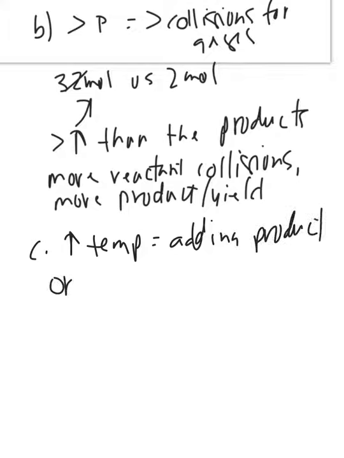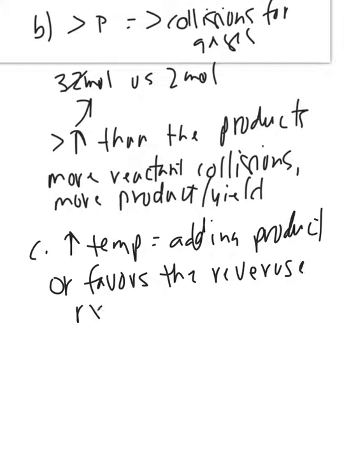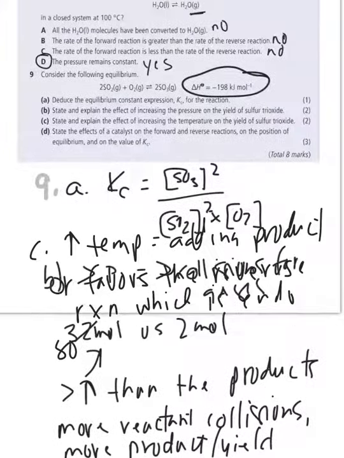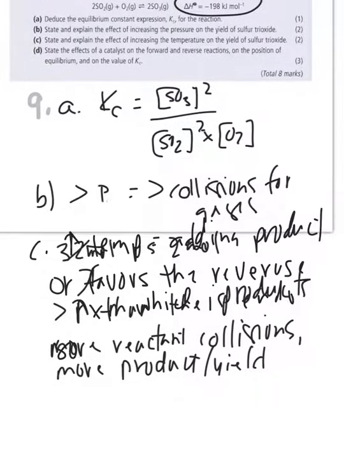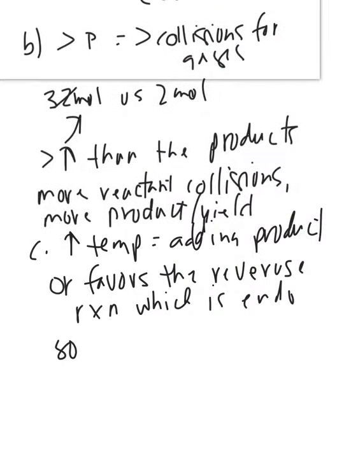Or you could think of it as favoring the reverse reaction, because the reverse reaction is endothermic and wants the heat. So either way, you are going to decrease yield. I can't remember exactly how the question, does it just say state the effect? So you're going to decrease yield.